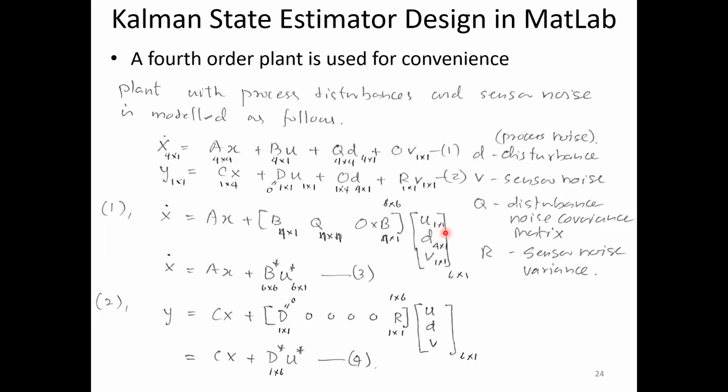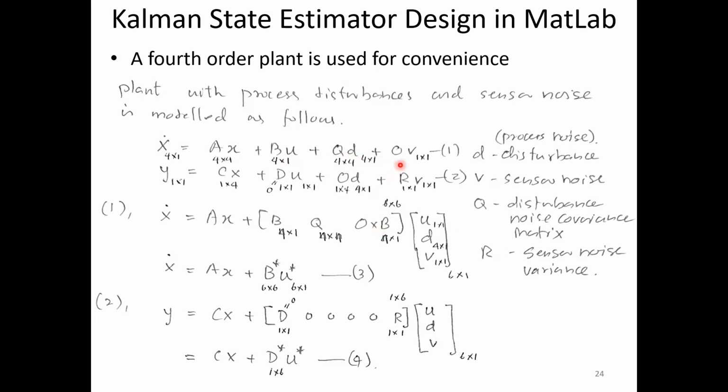Their respective sizes are here. U is single input, just scalar 1 by 1. D is 4 by 1. V is 1 by 1. So it eventually becomes a 6 by 1 vector. And in front of that, you get all these terms, B, Q, and 0.